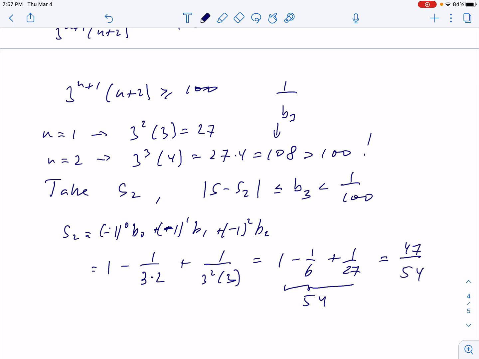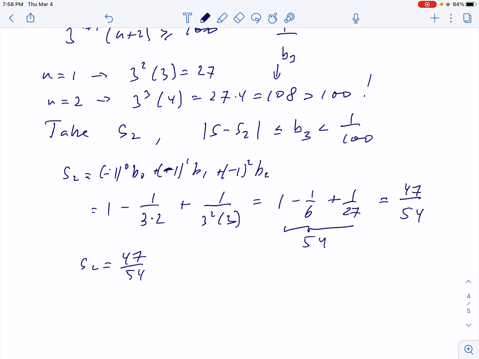So this number, this is S2, approximates the value of the entire series with error less than 1 over 100. The absolute value of S minus S2 is less than 1 over 100. So you can continue like that. If you want better precision, you can take more terms of the series and get better and better approximation.